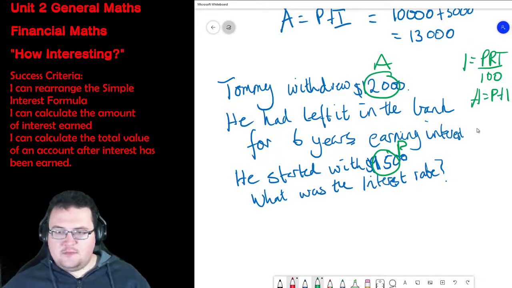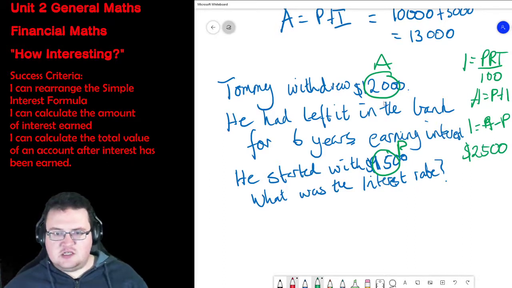Make I the subject by subtracting P from both sides. So I equals A minus P, and 12,000 minus 9,500 is 2,500. So I is 2,500.